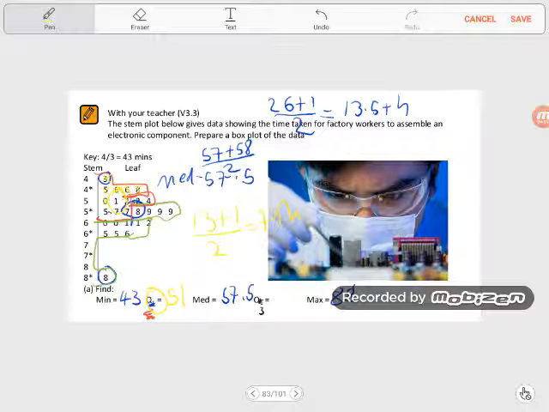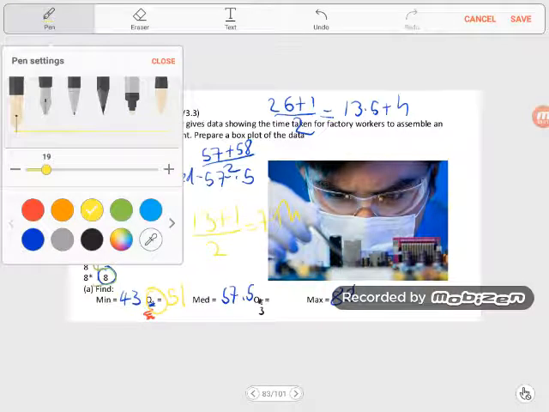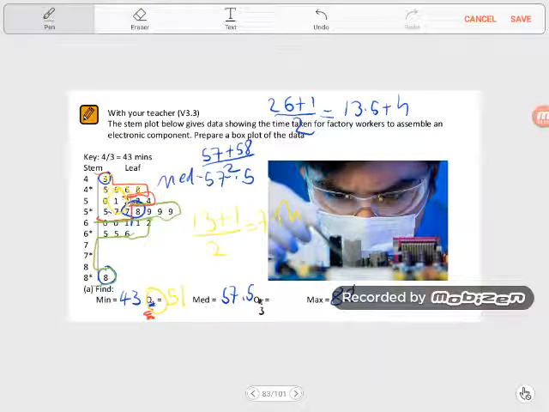Okay, we're going to do a very similar thing with the Q3. It's going to be exactly the same calculation because there are 13 scores in the back half of this data as well. So 13 plus 1 over 2 is the 7th score.